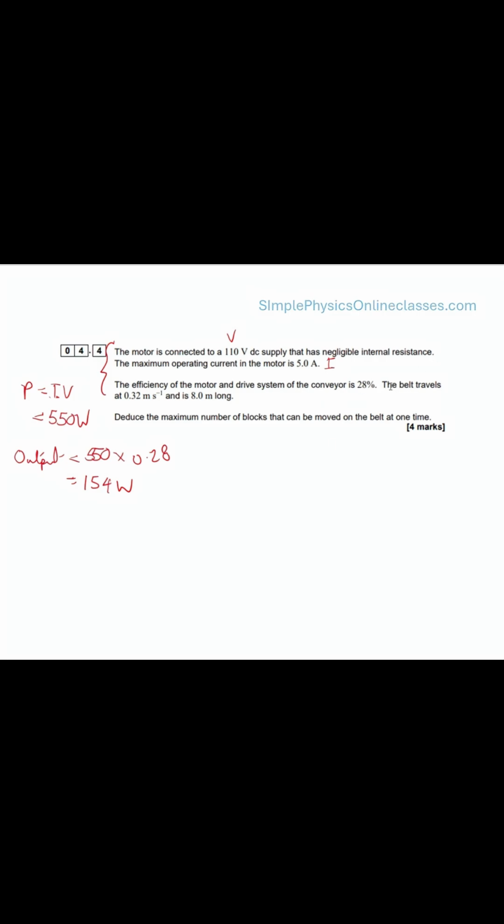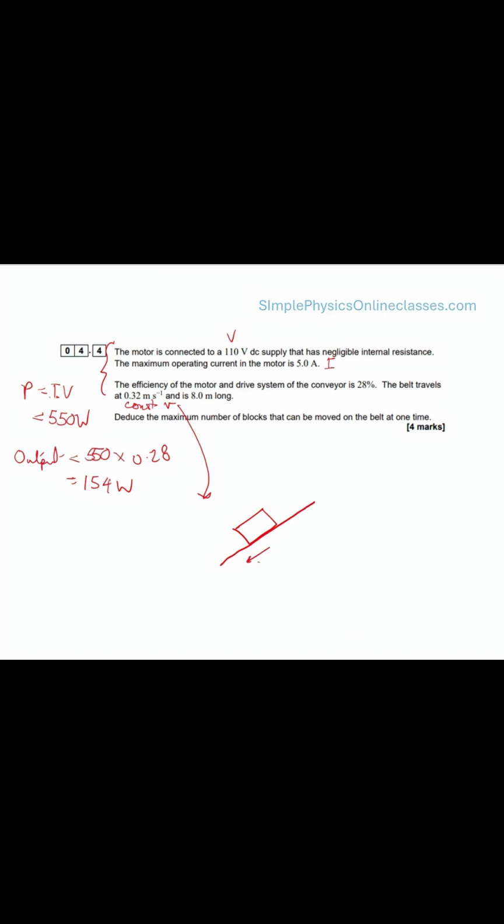So the belt travels at 0.32 meters per second, 8 meters long. So this is now the constant speed that it's got itself up to. Deduce the maximum number of blocks. Okay, so what do we know? This is a constant speed. So what does that mean? It means the resultant forces on the block are zero. So what have you got downwards?